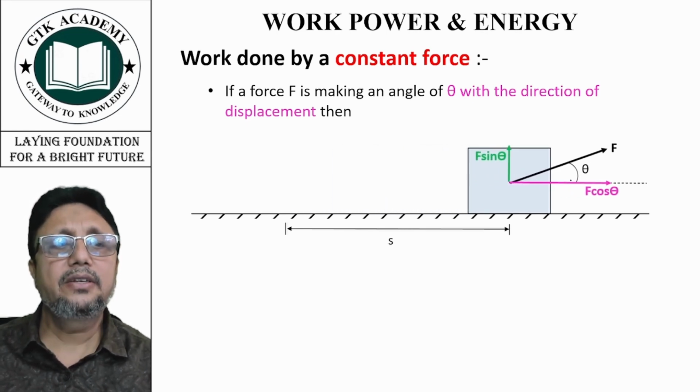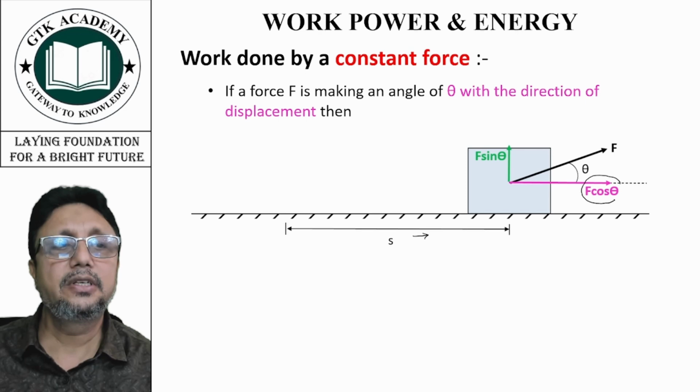Now you can see that this is the direction of displacement. The component of force which is in the direction of displacement is F cos theta, and the component of force which is perpendicular to the direction of displacement is F sin theta.